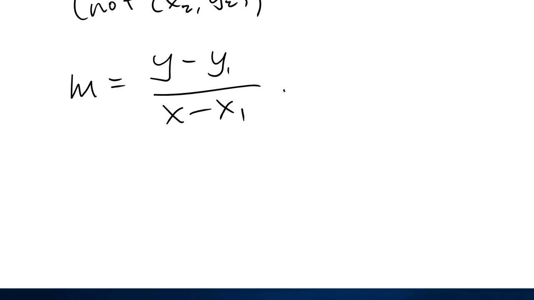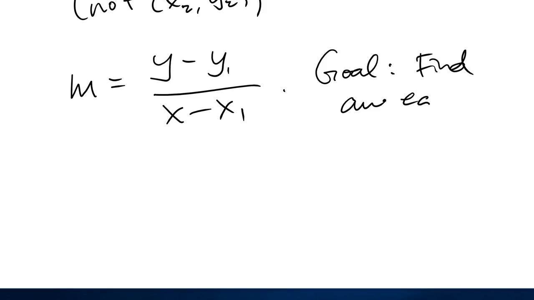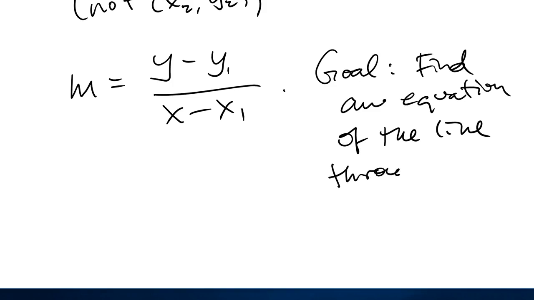Now, our goal is to find the equation of a line, okay? Find an equation of the line through P with slope m given above, all right, with slope m.